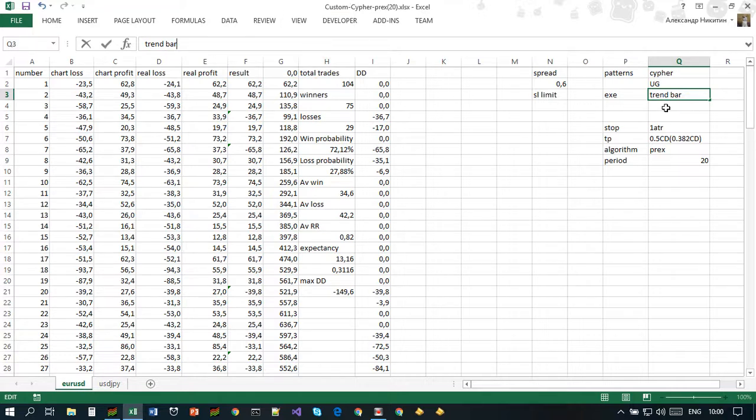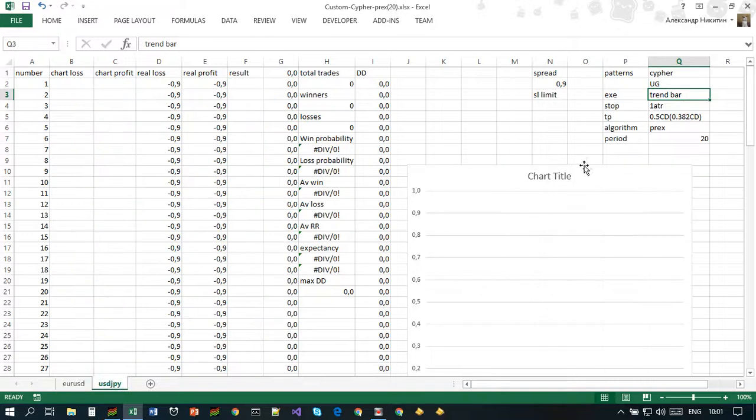I'll delete it from here. Consecutive bars. It means that a reversal starts when I have two bars of opposite direction. For example, if I'm looking for a bearish reversal, I need to have two bearish candles. So it is also good for euro-dollar, either a trend bar or two consecutive bars, or both.